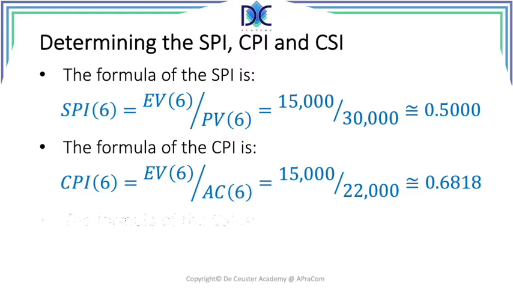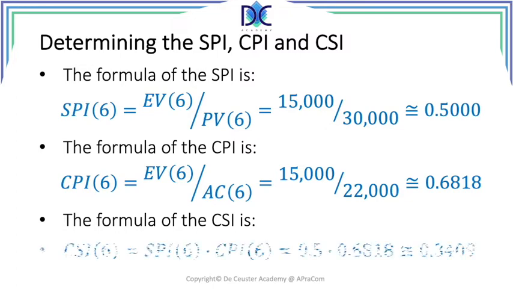And the final formula, the formula of the CSI, the cost schedule index, is in fact the product of SPI and CPI. So we multiply 0.5 with 0.6818, which is approximately 0.3409.